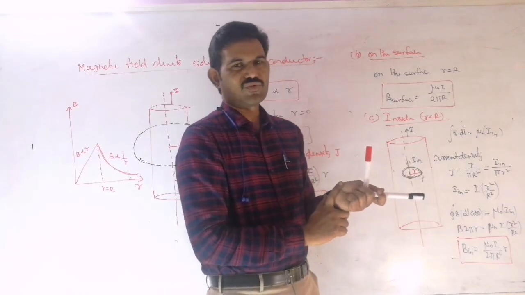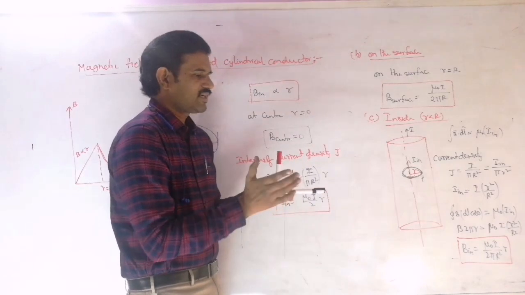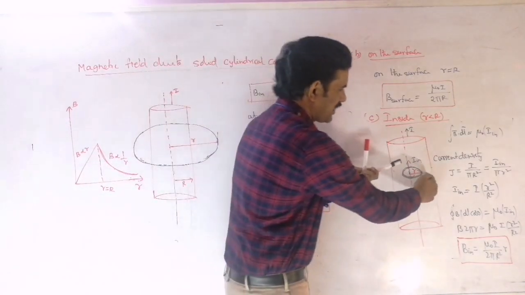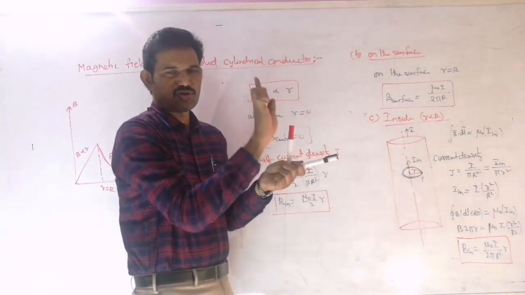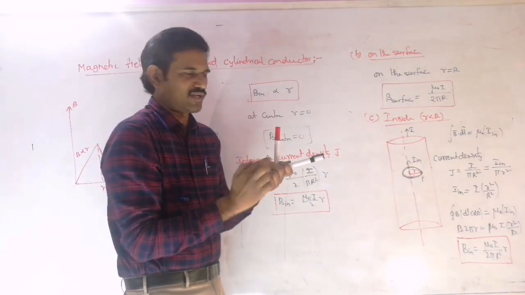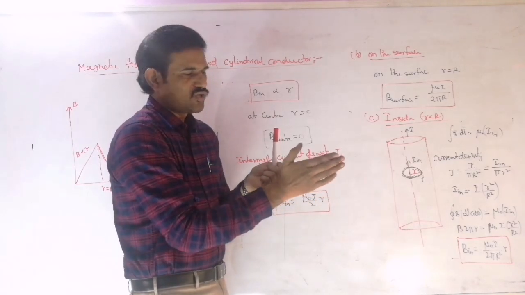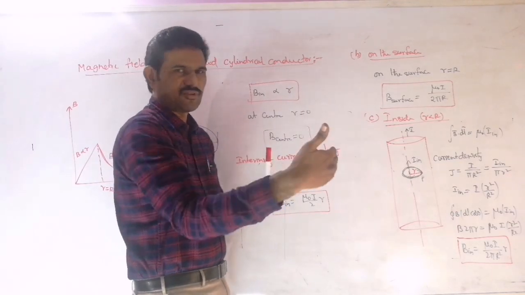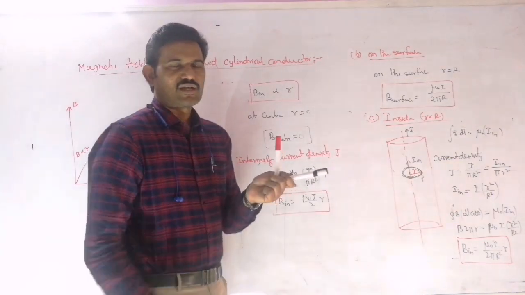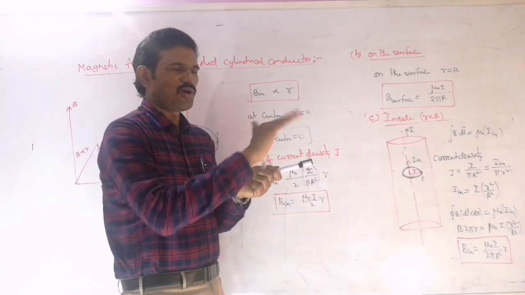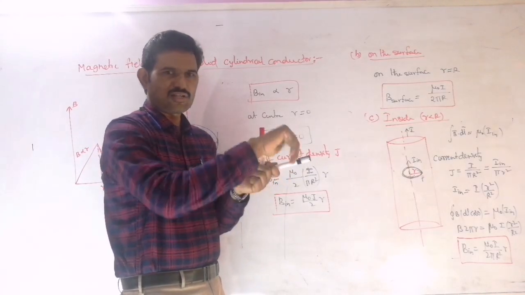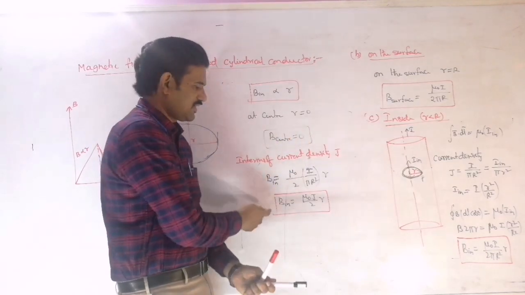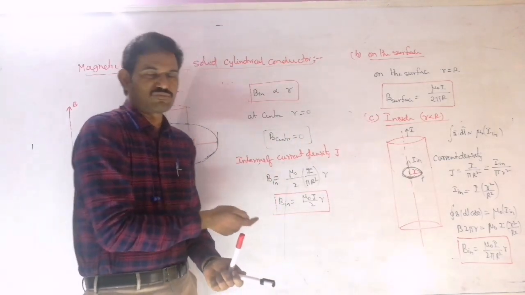The magnetic field will be tangential, like this. So J bar cross r bar gives the magnetic field direction.